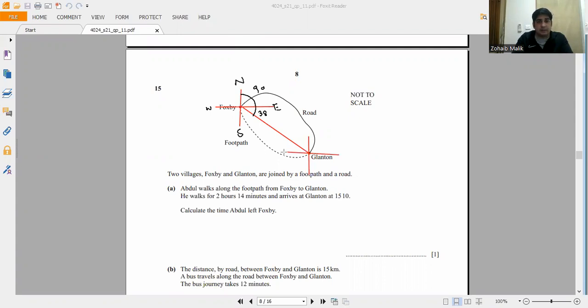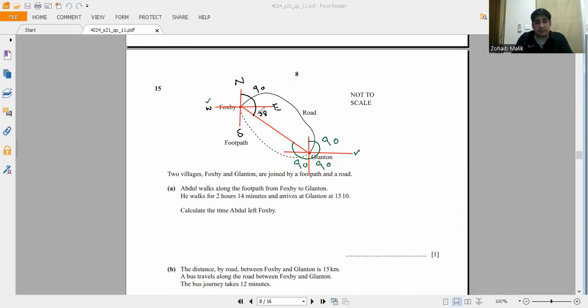Okay, so we have to find the bearing from Glanton. Starting from north, we have to come around to here. So we know that this is 90, 90, and 90. We only need to find this little angle. We know that this is an east-west line, and this is also an east-west line, so they are parallel, and this is a transversal coming between them.